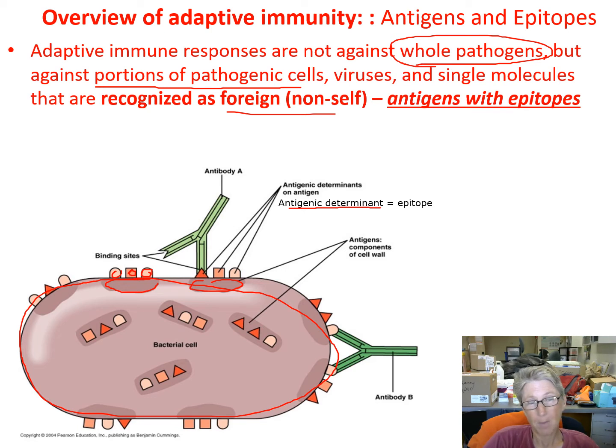And then here's this cartoon, it just shows this specific antibody that was secreted from a plasma cell. See how the shape of it is here? It recognizes this triangle shape. So that's antigens with epitopes. And sometimes antigens and epitopes will be used interchangeably, and sometimes they won't.